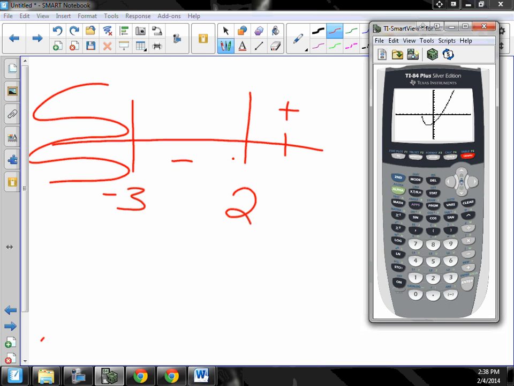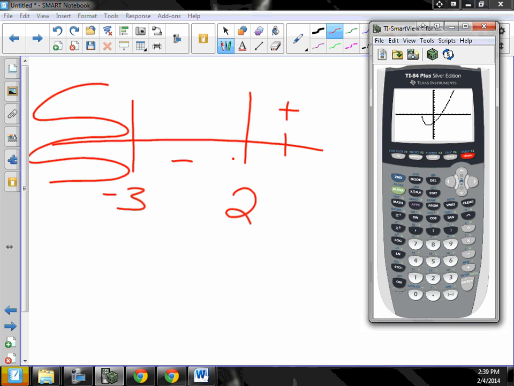Why doesn't it touch? It doesn't touch for the same reasons that circles didn't touch. If you have a graph that gets really steep and ends, the calculator gives up. So remember when we used to graph circles and they looked like this? Because they got steep and they ended, the calculator said, forget it, I'm not going to graph anymore. So we know that that actually touches the x-axis.